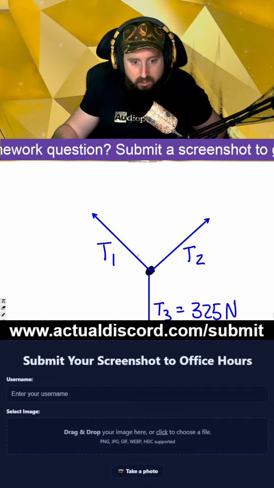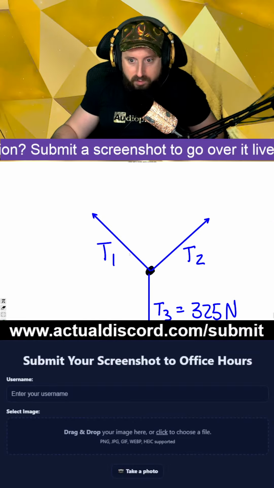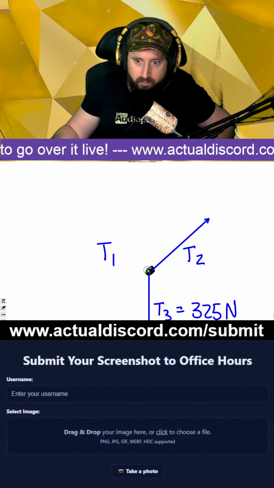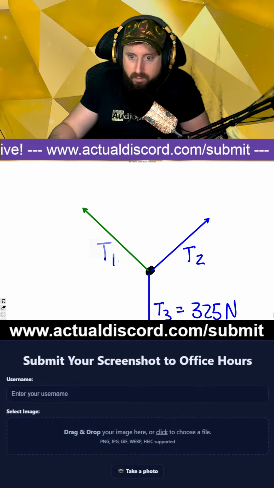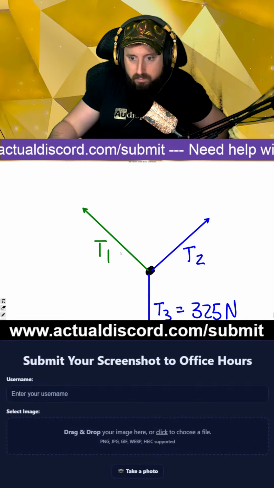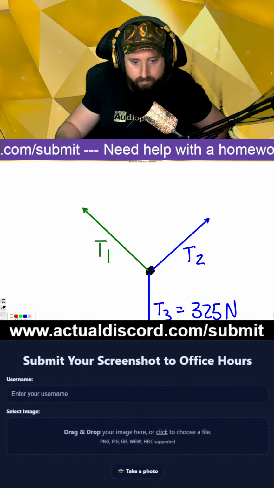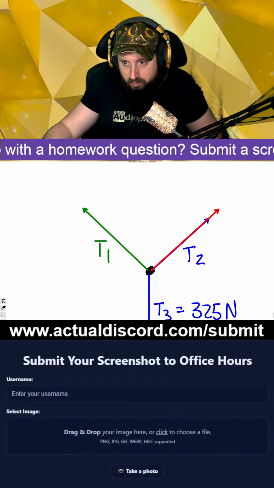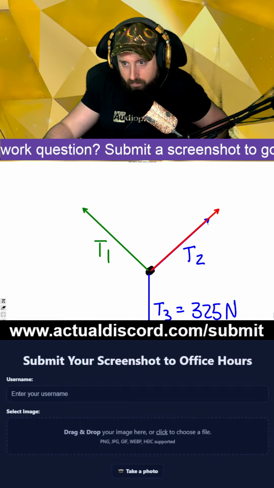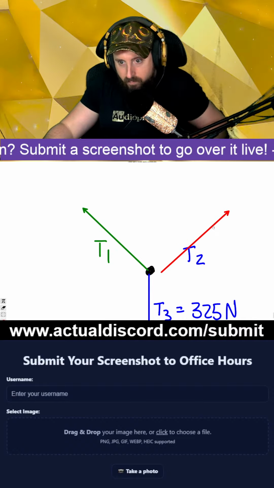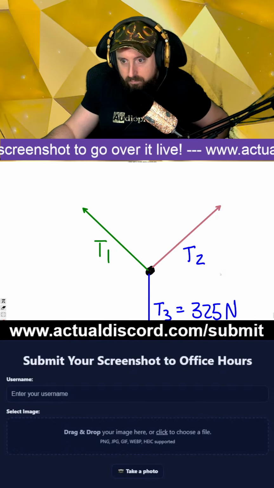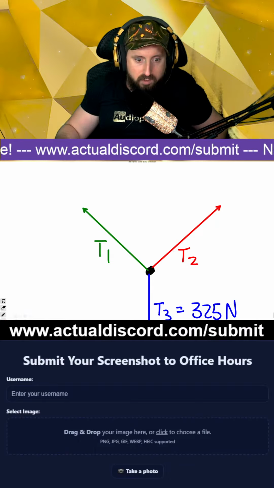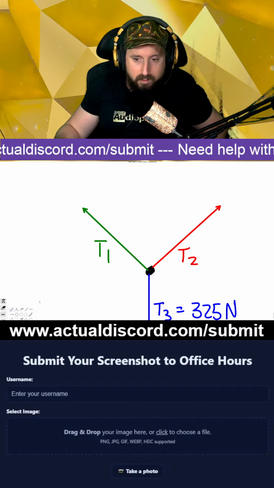So the next thing I need to do is break up my forces into components. I'm going to use different colors here, just to make things nice. So let's call that one T1. Let's call this one T2. Okay, so T1 is going to have a couple components.